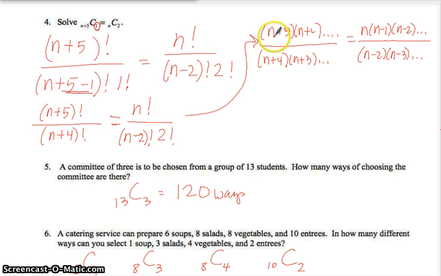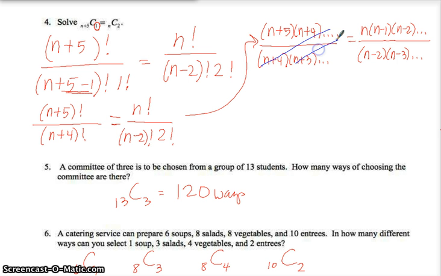This means n plus 5 plus 1 less than that. So it would be times n plus 4, n plus 3, and the denominator would be n plus 4 times n plus 3 times dot dot dot. Here this would become n times n minus 1 times n minus 2, etc. This would become n minus 2 times n minus 3, etc.